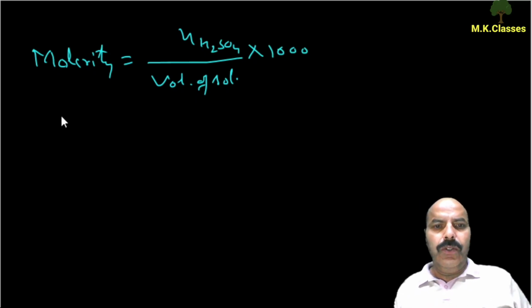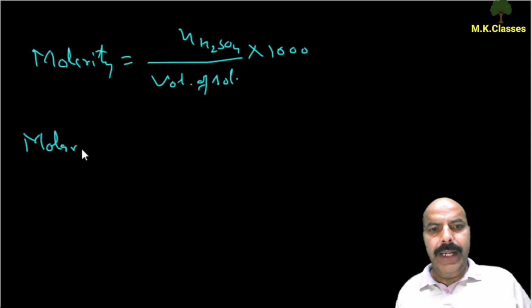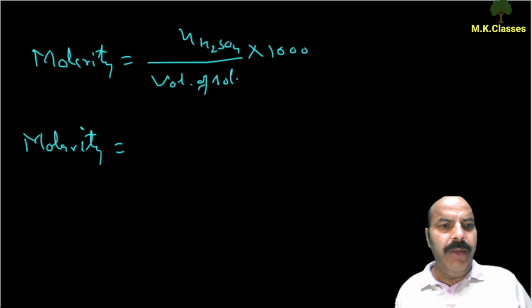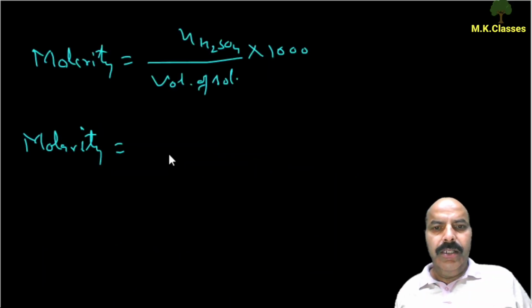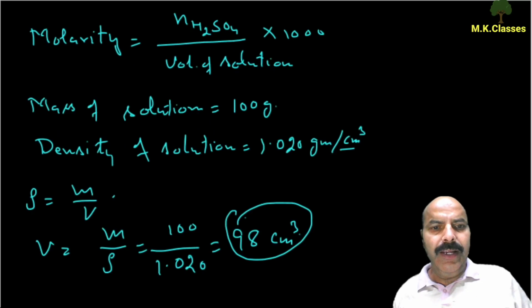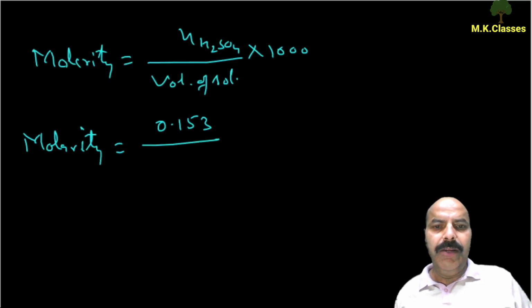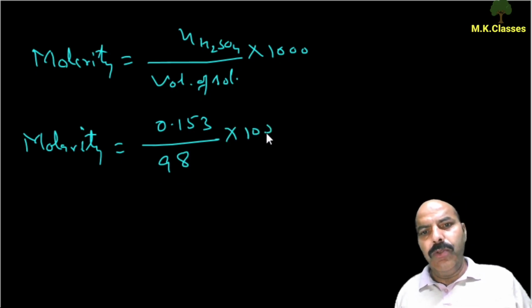Is that clear? So bachcho, this molarity here is nothing but the number of moles we just found out, beta, number of moles of sulfuric acid 0.153, and the volume we just found out, beta, 98 centimeter cube, that is milliliter, 98, so into 1000.